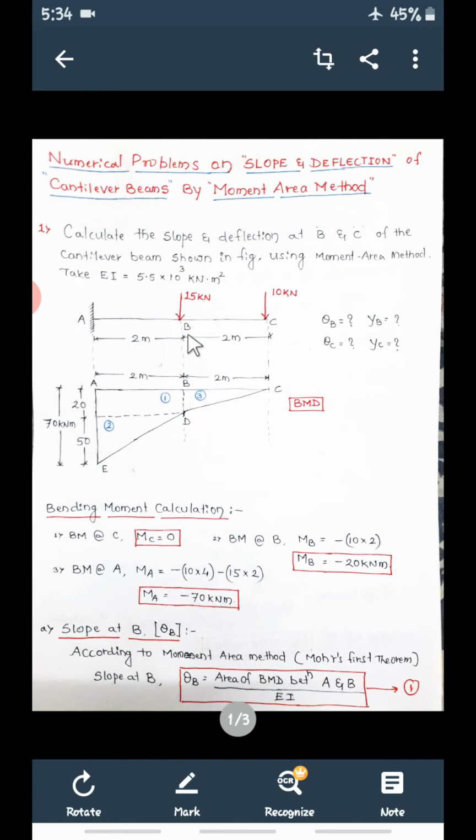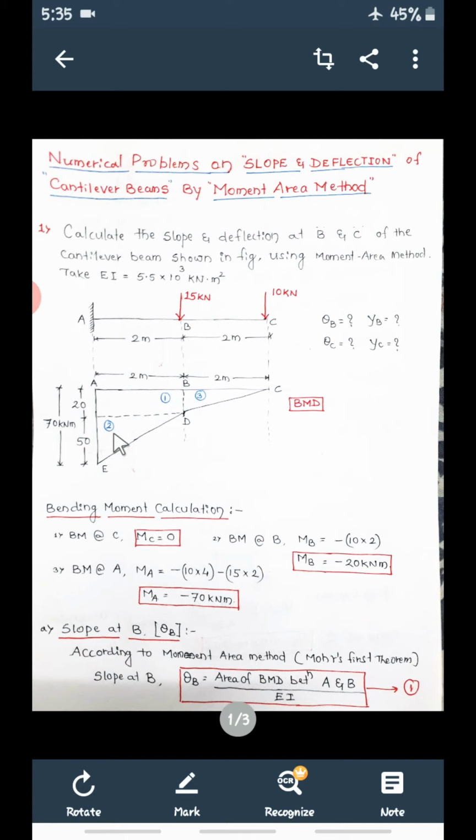Why B? Because we are calculating the deflection at B, so we take the x bar from B only. Half, that is 1 meter. So area is 40 into X1 bar, and X1 bar from B is 1.